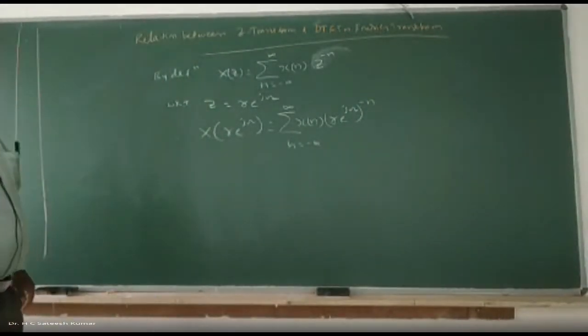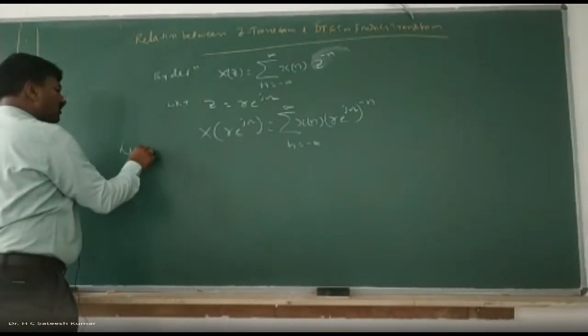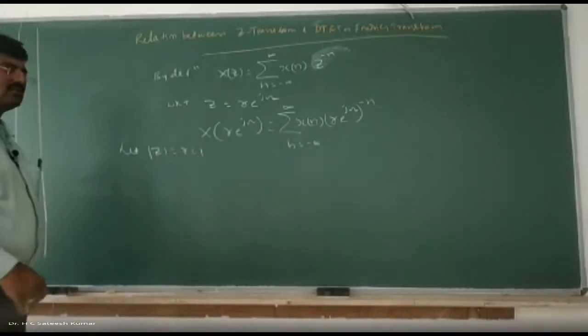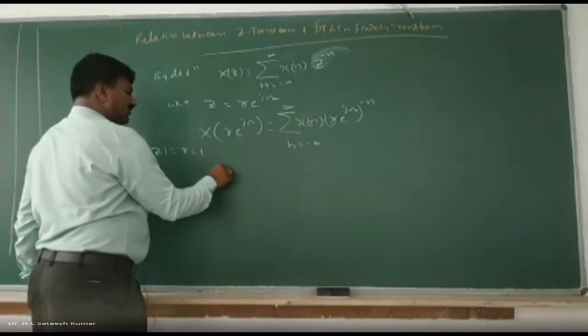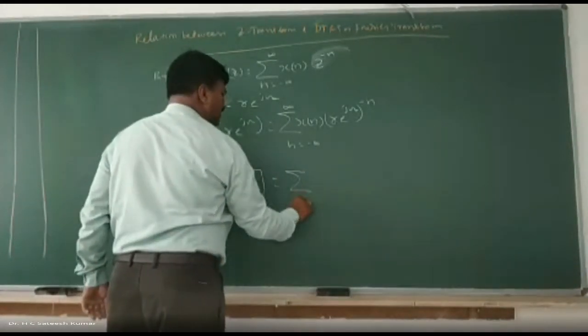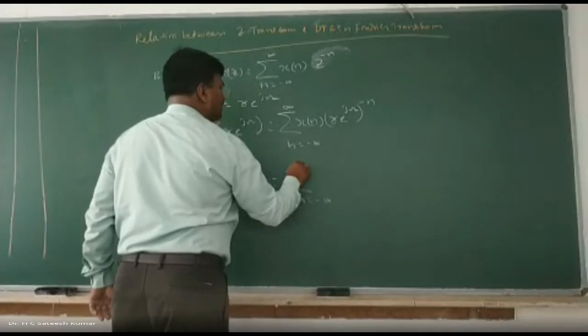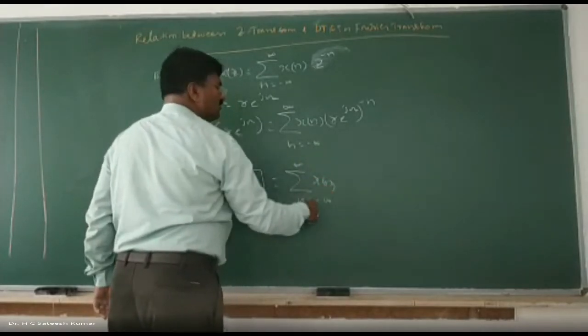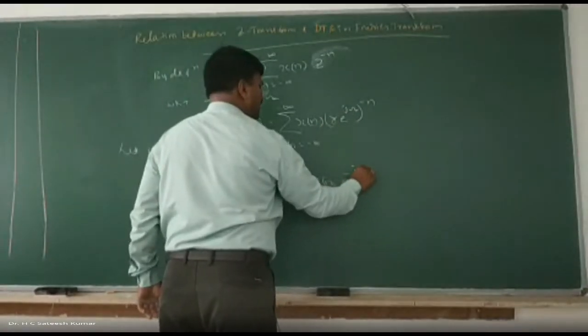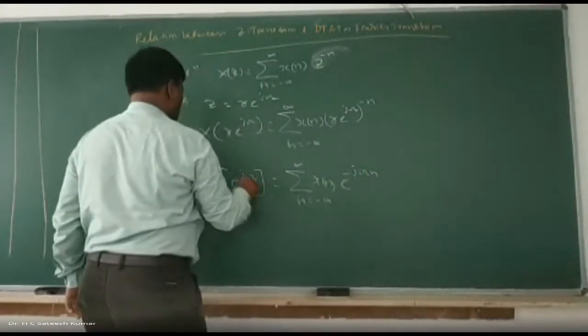Now let us take the magnitude of z, which is nothing but R, equal to 1. Then what will you get? X of e to the power of j omega is equal to the summation, n varies from minus infinity to plus infinity, x of n into, when R is equal to 1, e to the power of minus j omega n.